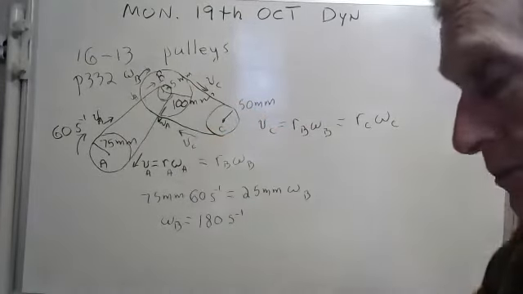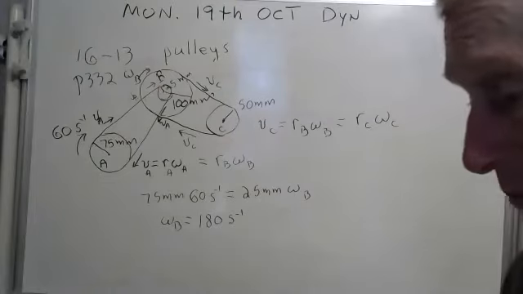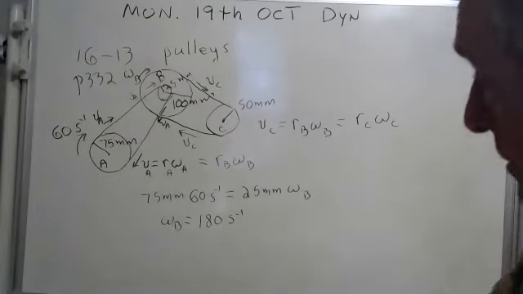It can't speed up. The belt doesn't speed up. It's got a constant velocity.